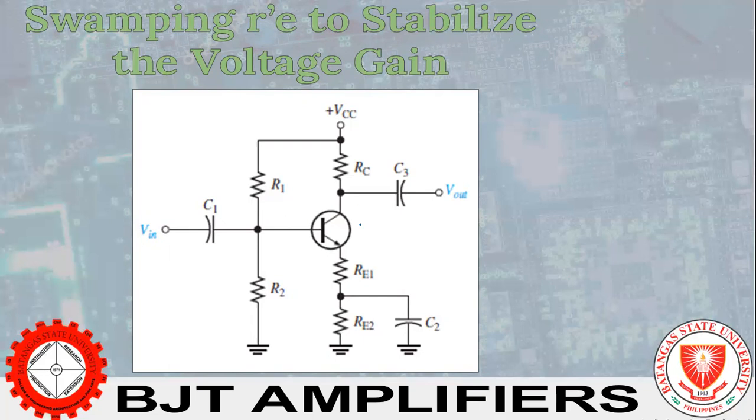So, parang binigyan ka ng sarili pang RE, ano? So, ganun lang po yun. Okay? So, pag ganyan na nangyari, yung voltage gain natin is RC over RE prime plus RE1. Okay? So, parang lagi siyang may RE na. Parang, meron mang naka-bypass, pero at least merong RE pa rin siya.